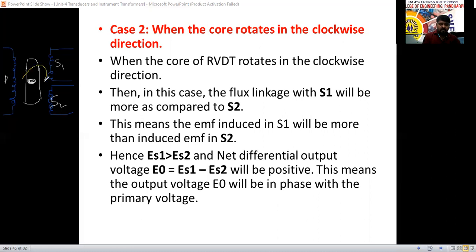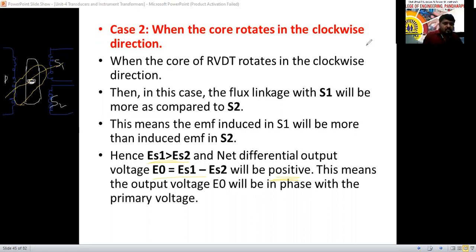One end of that iron piece comes nearer to S1 and the other end goes to the primary side, which gives more flux linkage to S1 only. So the EMF induced in S1 is greater than S2. On that condition, the net output of the differential transformer is positive.